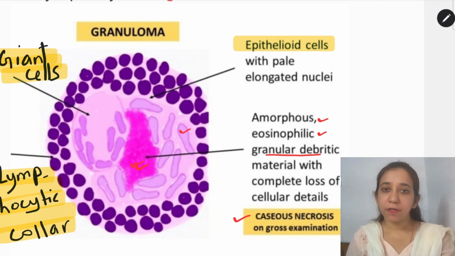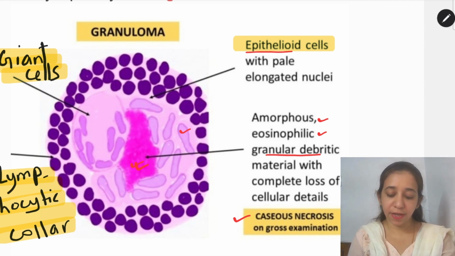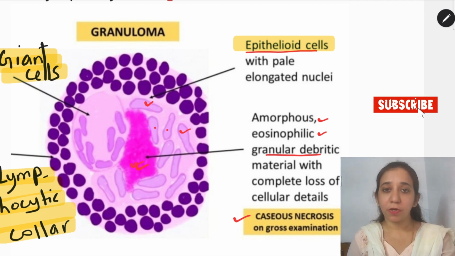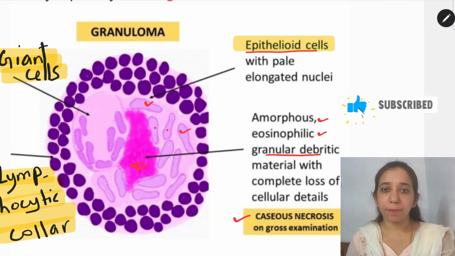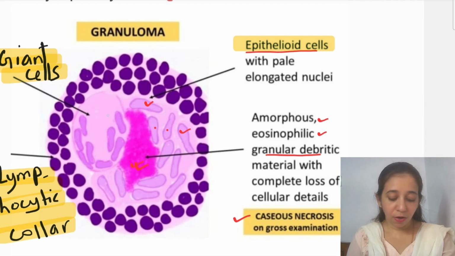These are the epithelioid cells, and we know these are modified macrophages. All the elongated and slipper shaped cells are the epithelioid cells. Now this one is a giant cell.